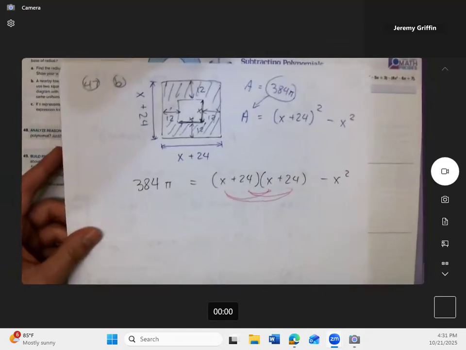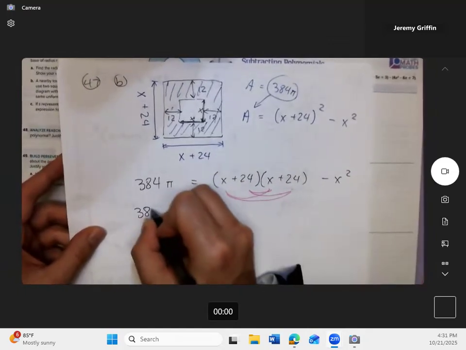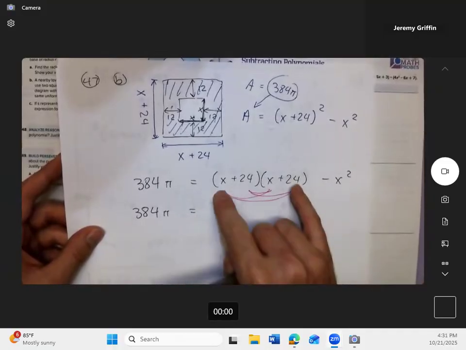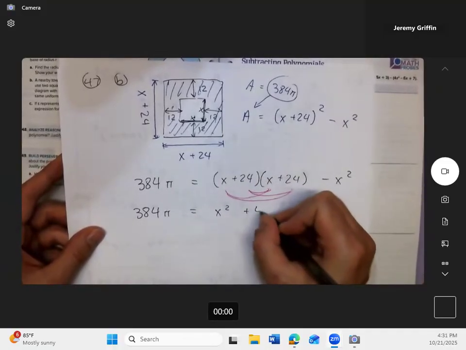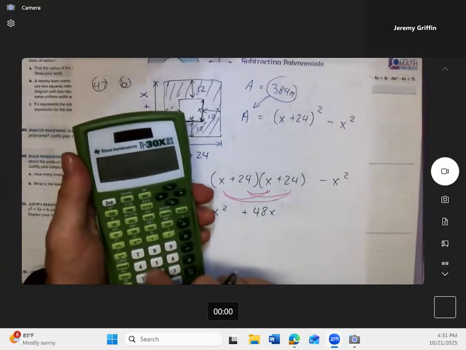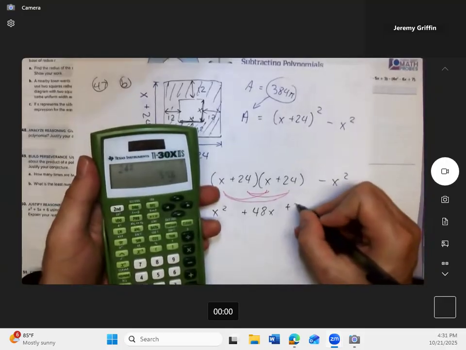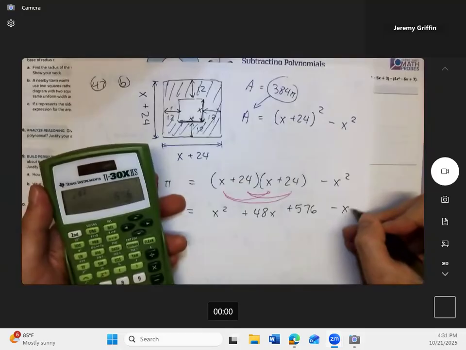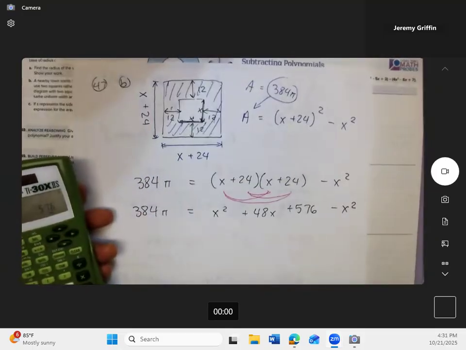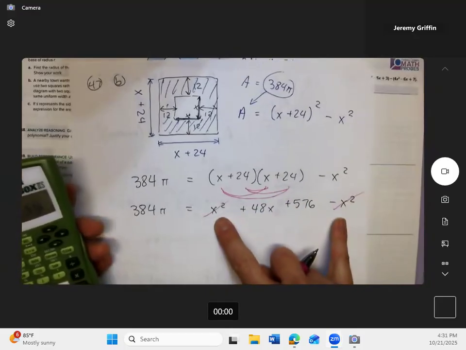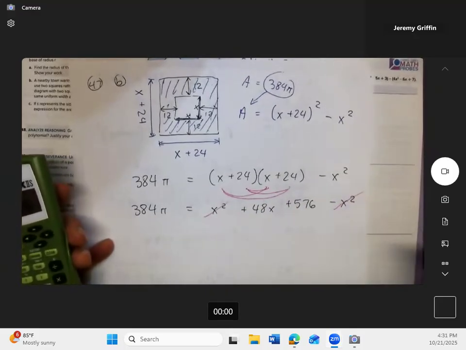So 384 pi equals x squared plus 24x and 24x makes 48x, and then 24 squared is 576. I'm still subtracting this x squared. Hey, this worked out the same as before, where the x squared terms cancel. We can totally solve for x.